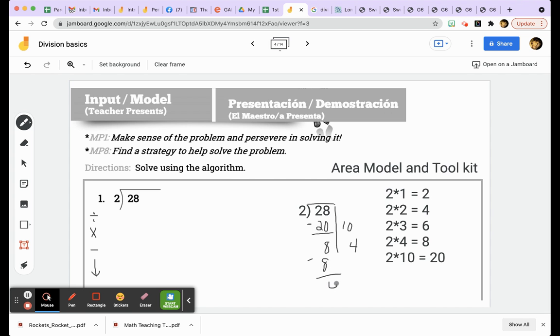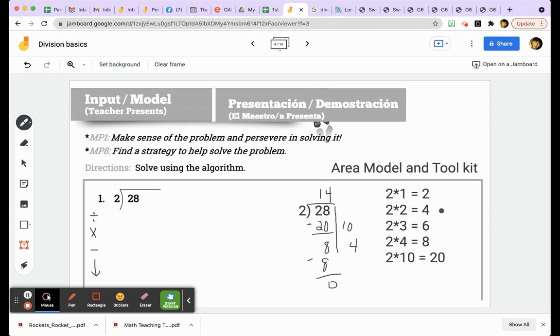Subtract 0. Now, I'm going to add up my 2 partial quotients. 10 and 4 is going to give me 14. So I can write my final quotient above the 28. So this is using the area model and a toolkit.